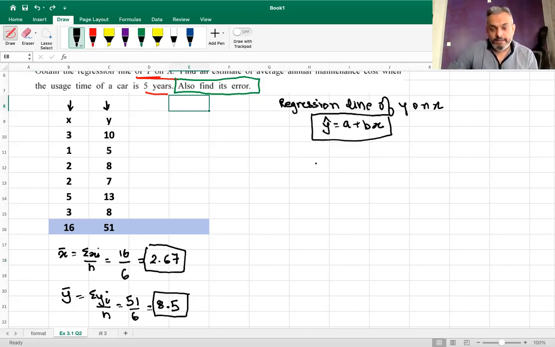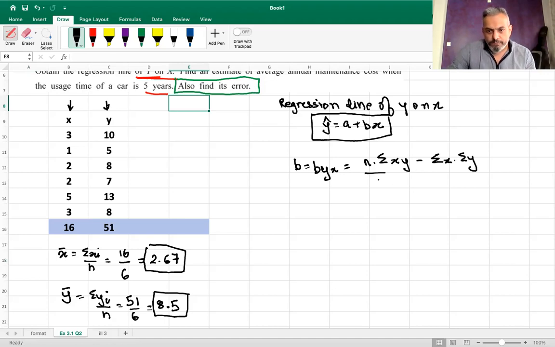Now, pay attention. First, we have to find b, which is equal to b y on x, which is equal to n sigma xy minus sigma x into sigma y upon n sigma x square minus sigma x the whole square.